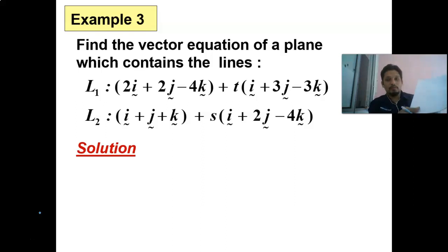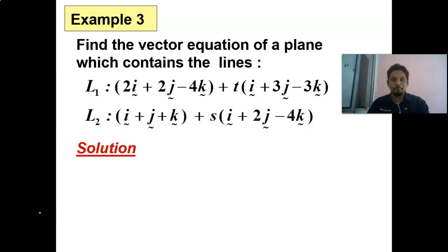From L1 and L2, there is a point of intersection between these two lines. And from here, we are going to find the normal vector between these two straight lines L1 and L2. So we are going to form a new normal, at 90 degrees to the plane, and from here we are going to find the equation of the plane.